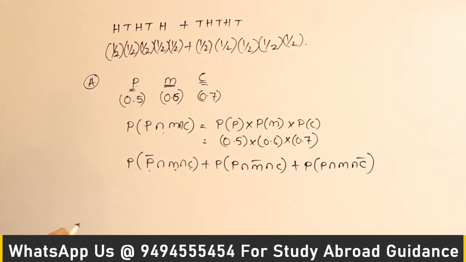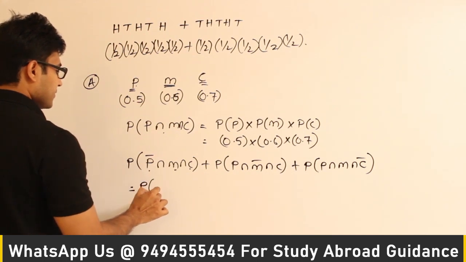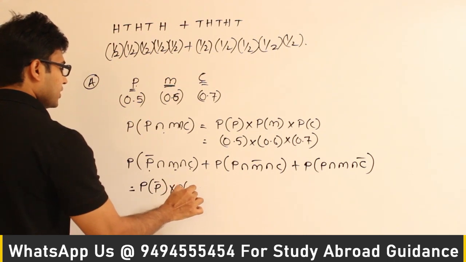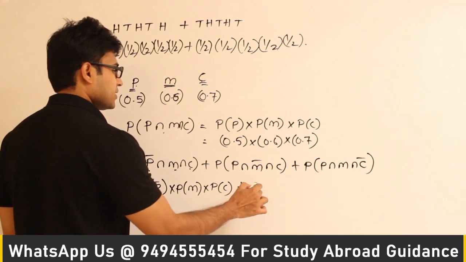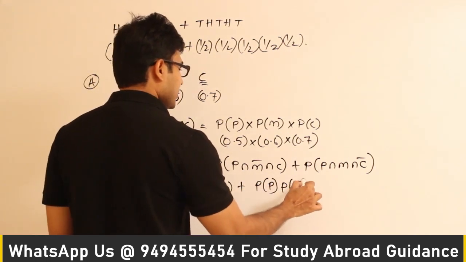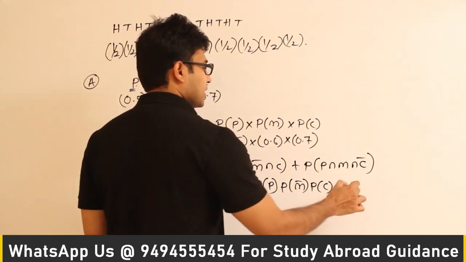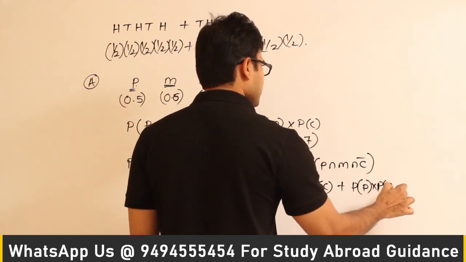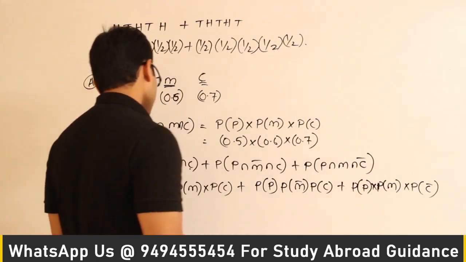Now what is this? It is equal to the probability that he fails in physics times the probability that he passes mathematics times the probability that he passes chemistry, plus the probability that he passes physics times the probability that he fails mathematics times the probability that he passes chemistry, plus the probability that he passes physics times the probability that he passes mathematics times the probability that he fails chemistry, right?